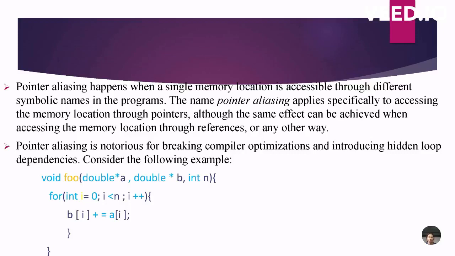Pointer aliasing is notorious for breaking compiler optimizations and introducing hidden loop dependencies. Consider the following example: void foo, double pointer A, double pointer B, and int n. Here they have used a for loop, for int i equals 0, where i is less than n, increment of the i.